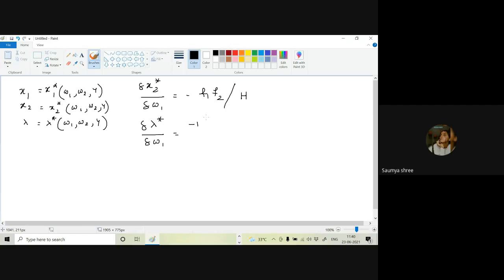How will there be lambda star in del lambda star by del w1? First I'll ask the rest of the students whether you got the value for del x2 star by del w1, because I want to add some text here.